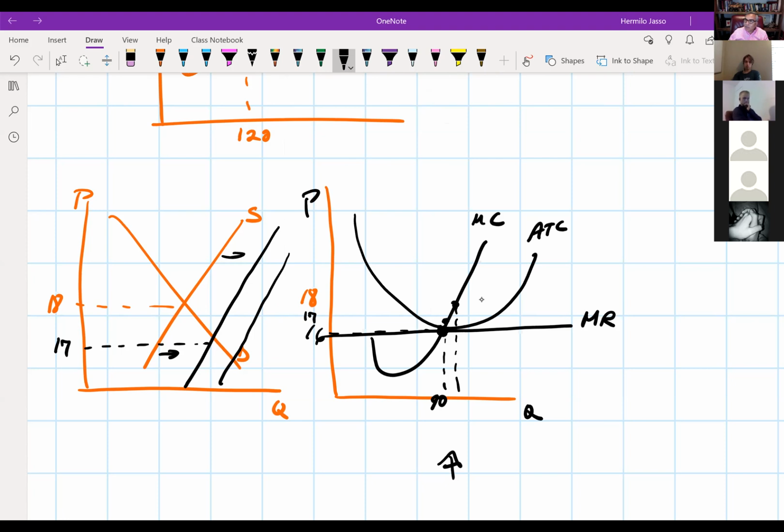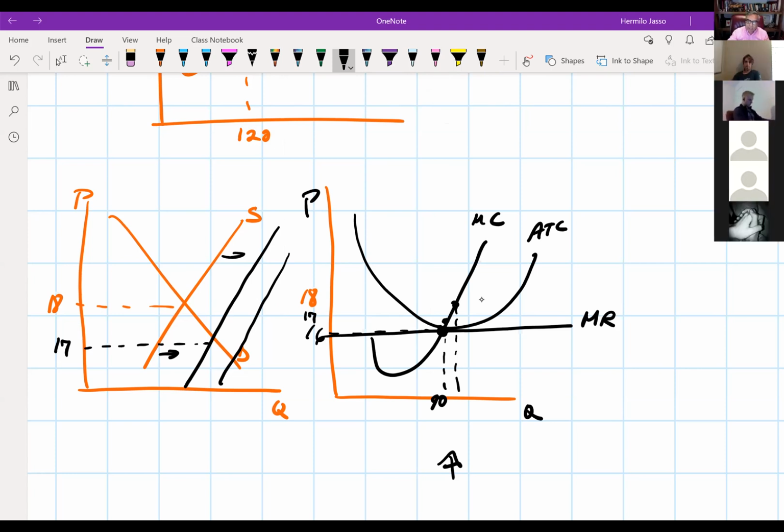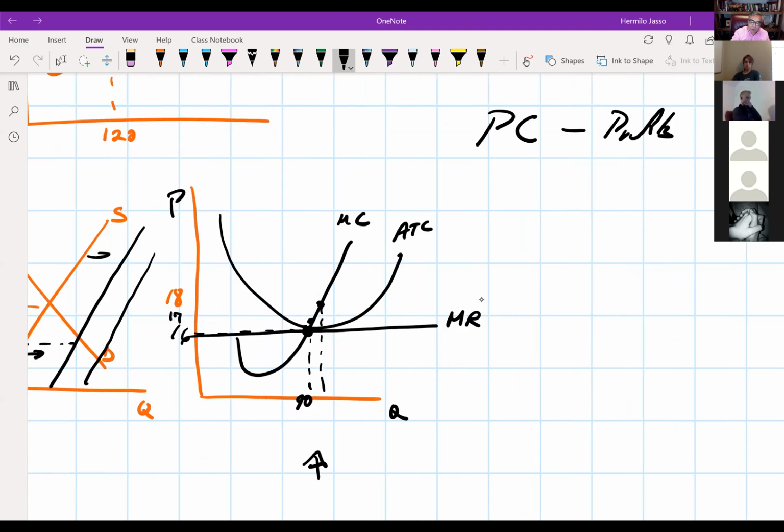So if the company is only making a normal profit, there's no incentive for anybody else to come into the industry. So perfect competitive companies can make profits only on the short run.